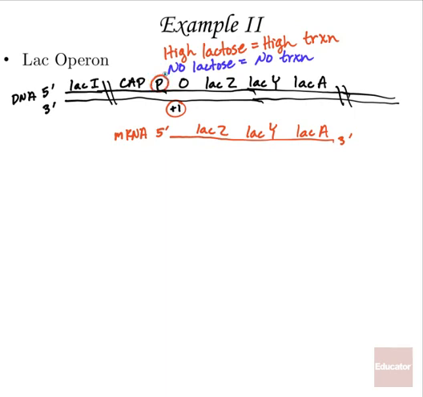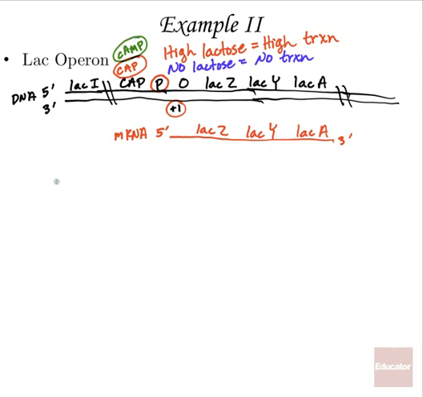Okay, so for the promoter to be active, the CAP protein must bind the CAP DNA sequence, okay? And for CAP to bind, cAMP, cyclic AMP, needs to be bound to the CAP protein, okay?